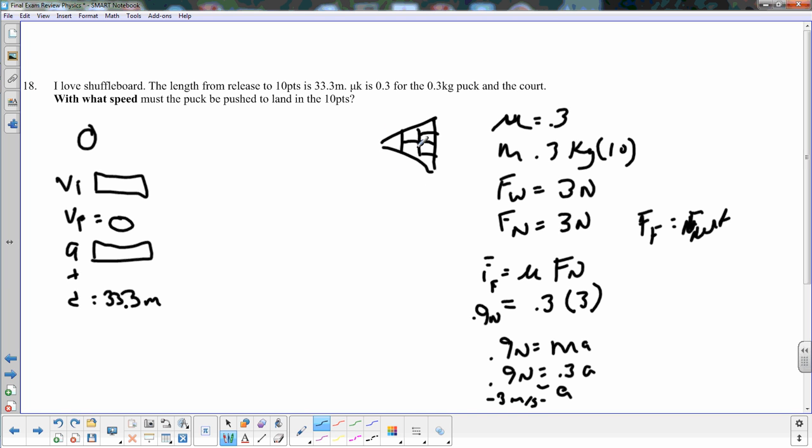How hard do I have to shoot it to have this all work out? Well, Vf squared equals Vi squared plus 2ad. Vf squared I'm hoping is going to be 0. Vi squared is what I'm looking for. 2 times negative 3 times 33 and a third.